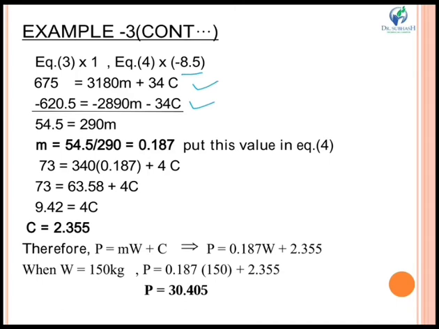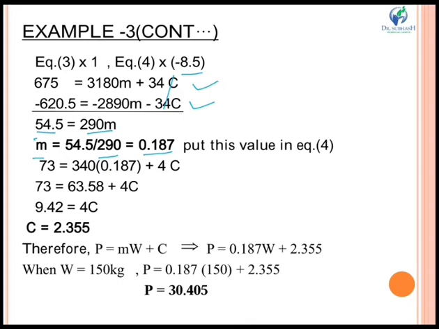Now I will add these two equations. On adding, 34C will be eliminated, and I will get 54.5 equal to 290 m. This implies m equal to 54.5 by 290, which is equal to 0.187.